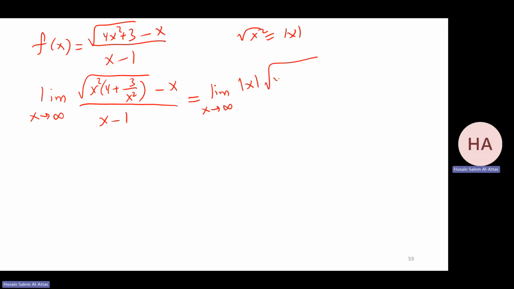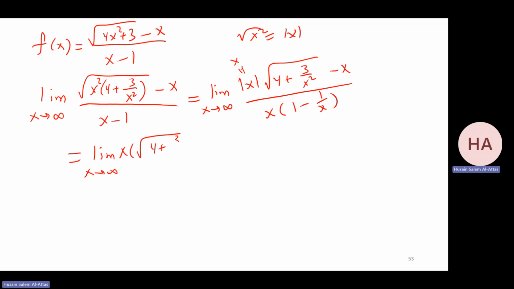Square root of 4 plus 3 over x squared minus x. Here we'll take x, 1 minus 1 over x. Here, this one will be x. So I can take x as a common factor. x, 4 plus 3 over x squared minus 1, over x, 1 minus 1 over x. This is cancelled. So you have 2 minus 1, which is 1 over 1, which is 1.